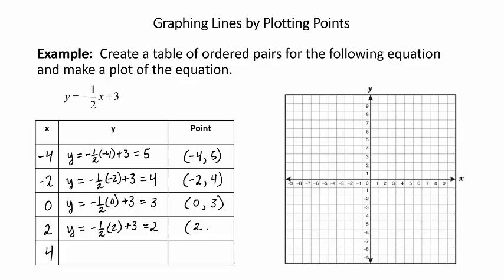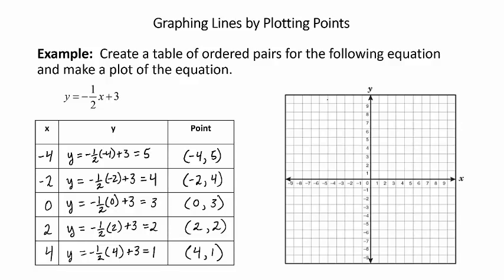So the point would be 2, 2. Yeah, when x is 2, y is 2. And when x is 4, what's y? -1/2 times 4 plus 3. -1/2 times 4 is -2, plus 3 is 1. Okay, and the ordered pair would be 4, 1, right? When x is 4, y is 1.